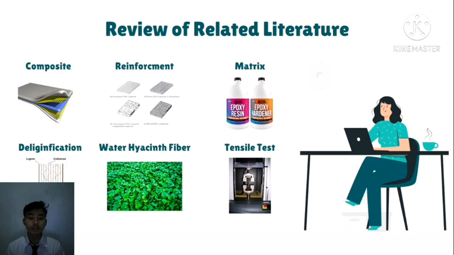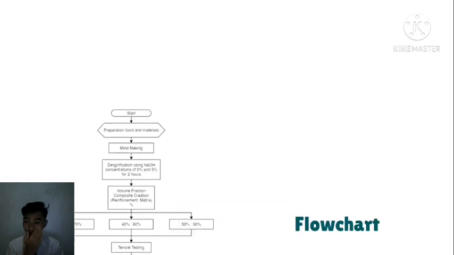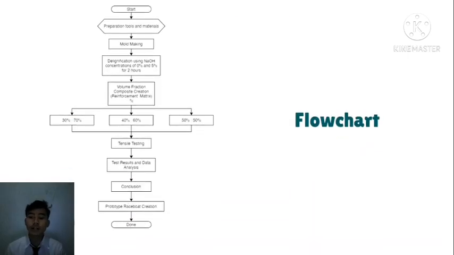Chapter 3. Flow chart. First, prepare the tool and material, then make the mold, then do the process of delignification of fibers with NaOH concentration of 0% and 5% for 2 hours.